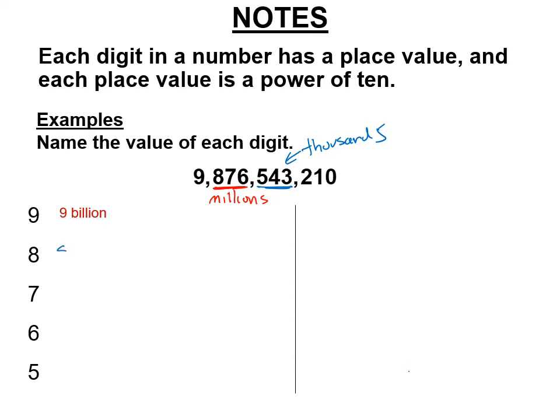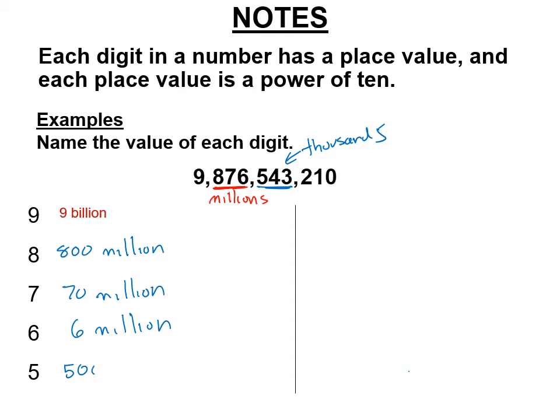So this is 800 million. 7 then must be worth 70 million. And the 6 is worth 6 million, right? Because we just said 9,876,000,000.